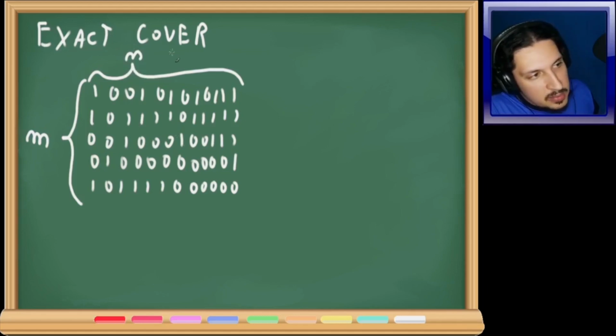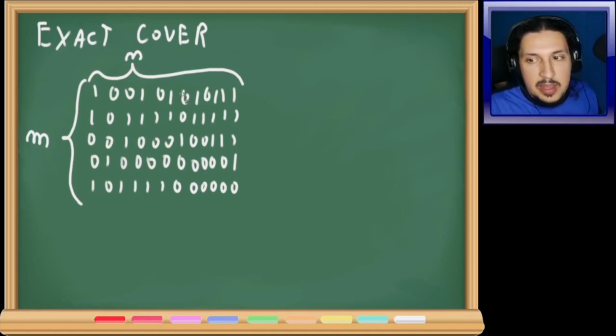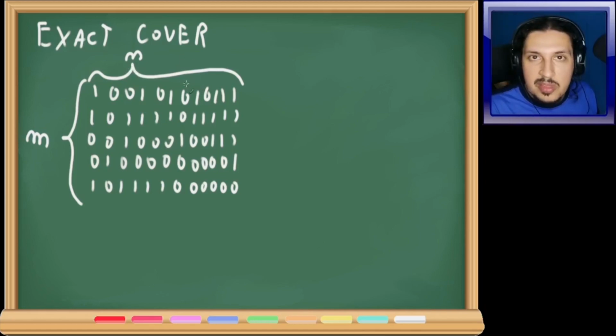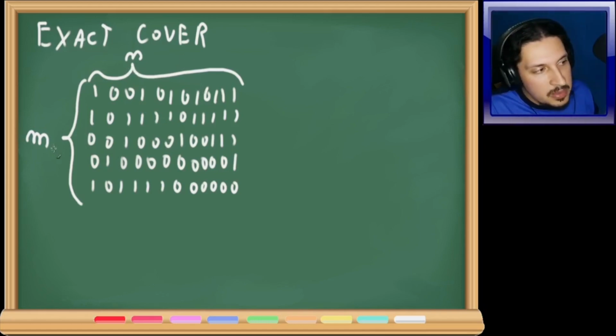The exact cover problem consists of choosing a subset of those masks such that they cover the whole set of n elements, but exactly. We have to cover it exactly. And we want to use the minimum exact cover. We want to know the minimum number of sets from these m possible sets that we have to use to do it.